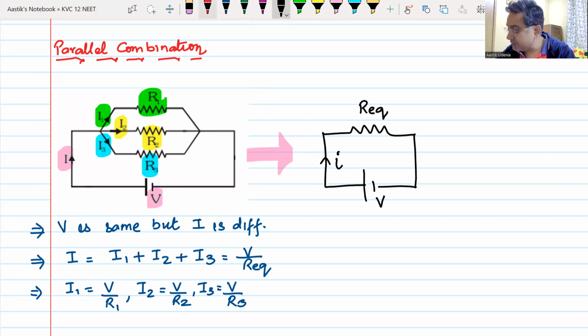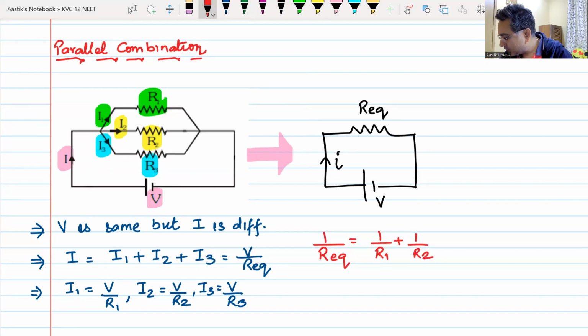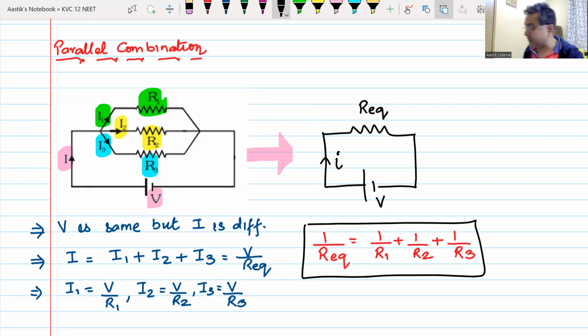Can anyone tell me how much will be this R equivalent? 1 by R equivalent is equal to 1 by R1 plus 1 by R2 plus 1 by R3. That is what you need to remember in this parallel combination.